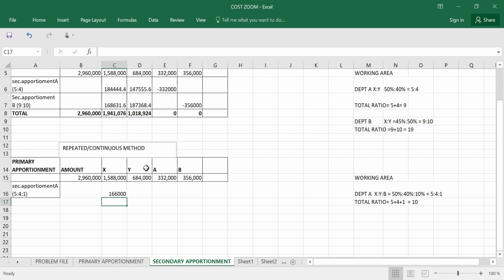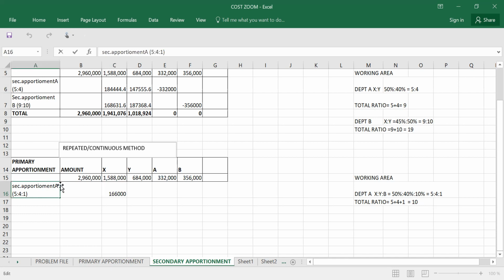Oh, sorry, I'm forgetting something. When we are distributing, the service that has the highest cost distributes first. I repeat, the service with the highest cost distributes first.